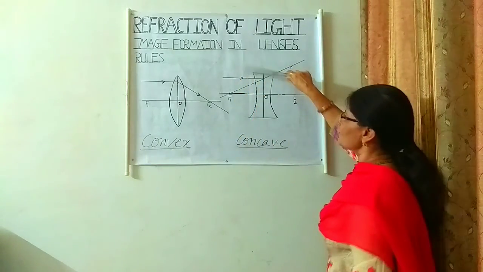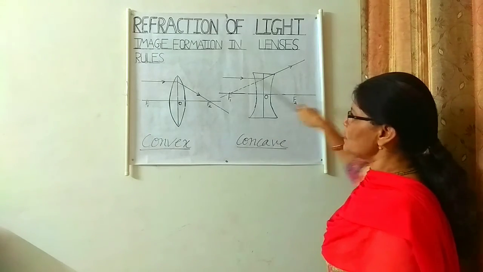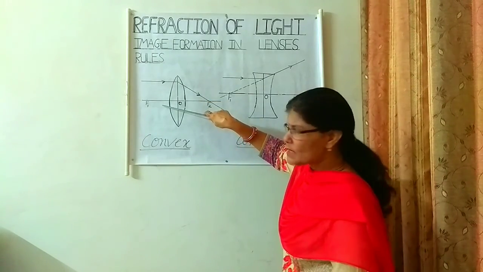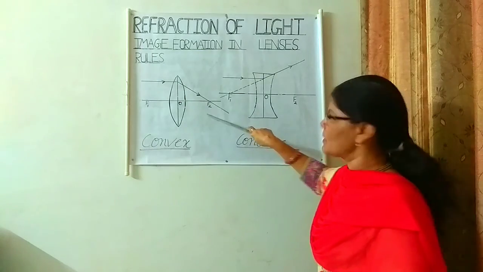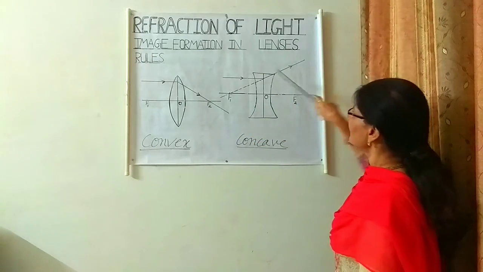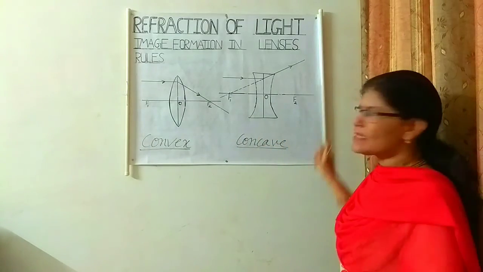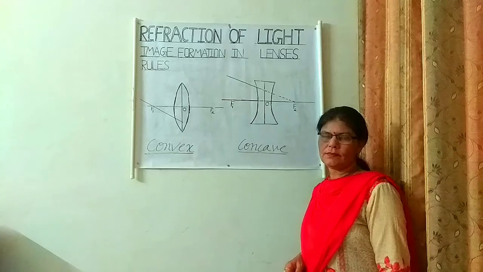This is our incident ray, this is our refracted ray. So this is the first rule. When the incident ray comes parallel to the principal axis, it will pass through the principal focus, and we have to extend it on this side.